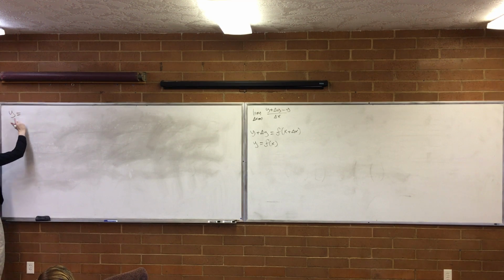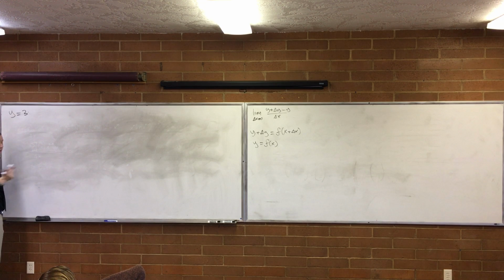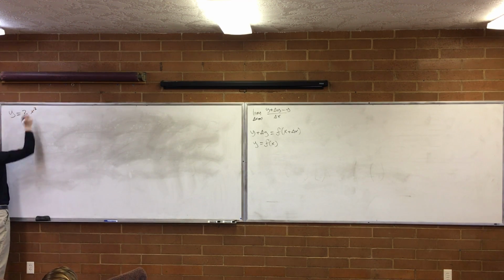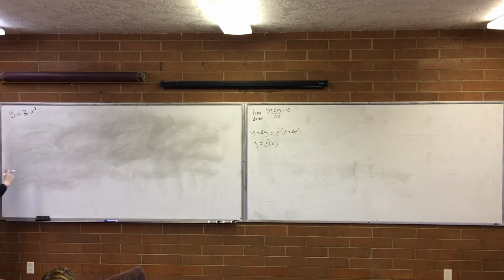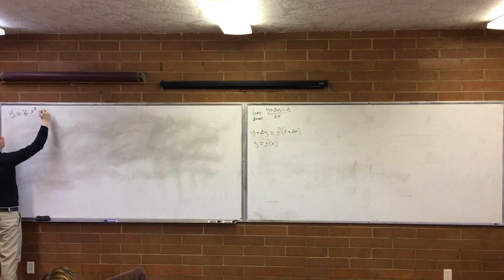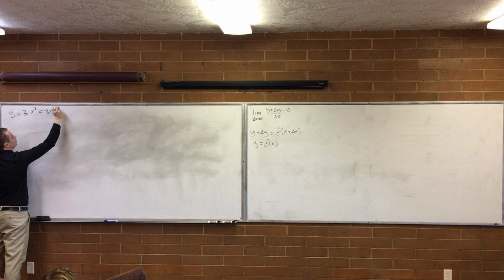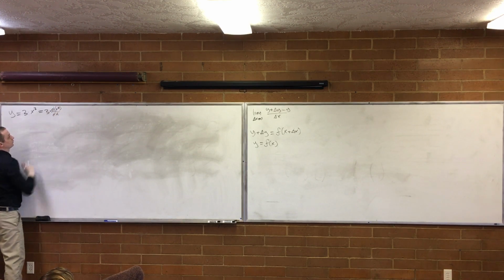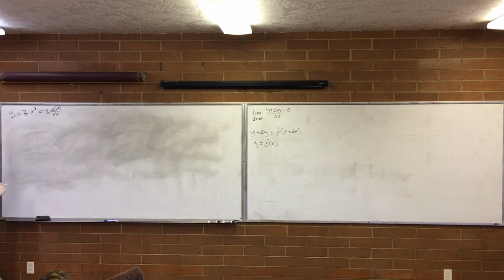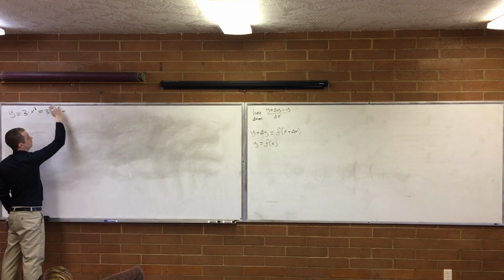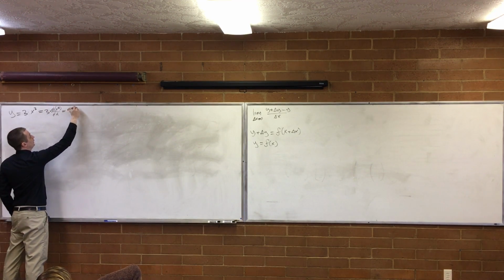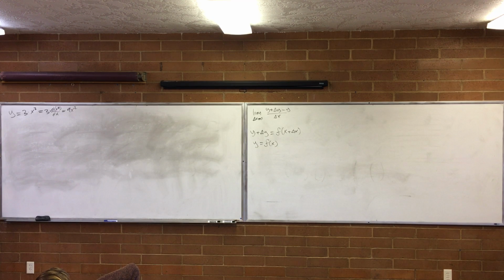If y equals 3 times some function in terms of x, such as x cubed, then that is equal to 3 times the derivative of x cubed with respect to x, which is 9x squared, right? The point being, we could pull out this constant.